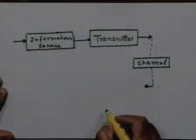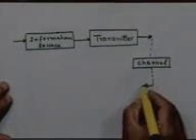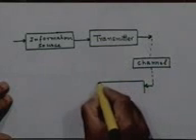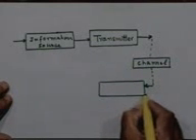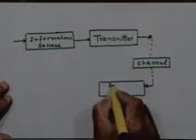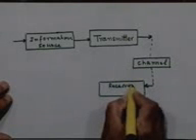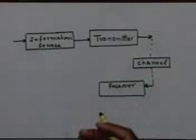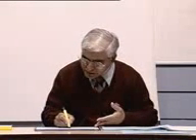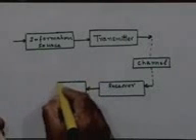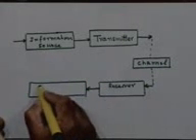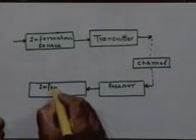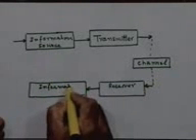At the other end, at the receiver end, at the moment I will not go into details. We will simply say that you have a receiver whose job it is to ensure that the information is given to the information user in a nice form, so that he can interpret it properly, or he can use it for whatever purpose he wants to use it.